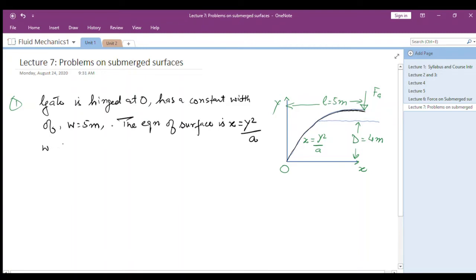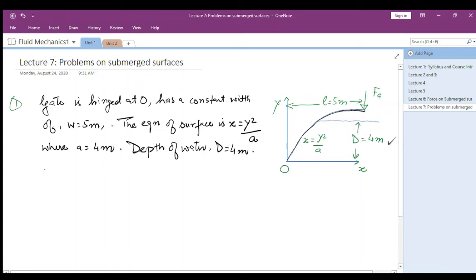For this particular problem, let's say a is equal to 4 meters. Now the depth of water, which is d in our case, is 4 meters. You can see it from the problem here. Depth of water is 4 meters.